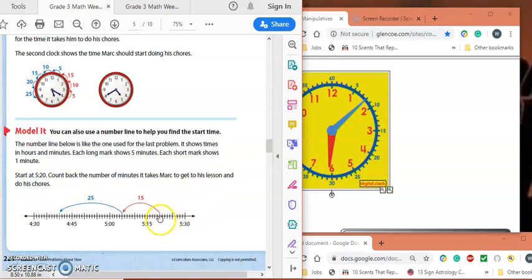Here we go. 5:20, 15 minutes, 5 o'clock, 25 minutes. You see right here, we went back 1, 2, 3, 4, and 5. That puts us at 4:40. Very good.